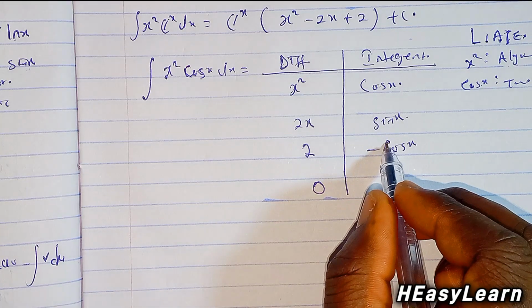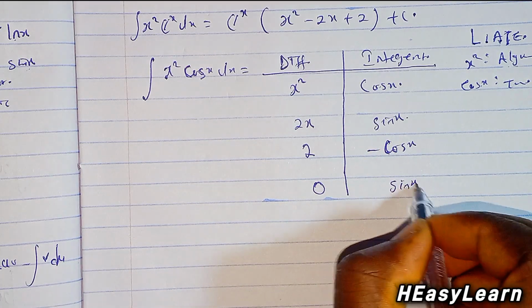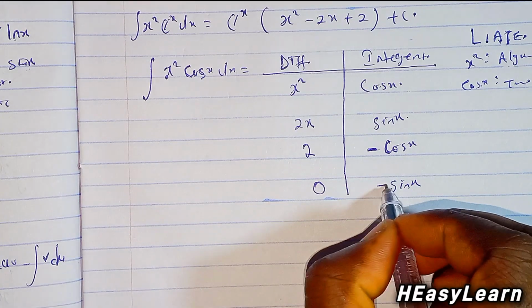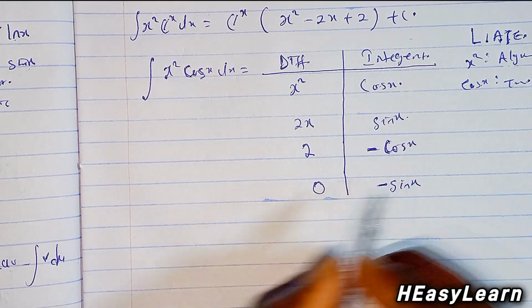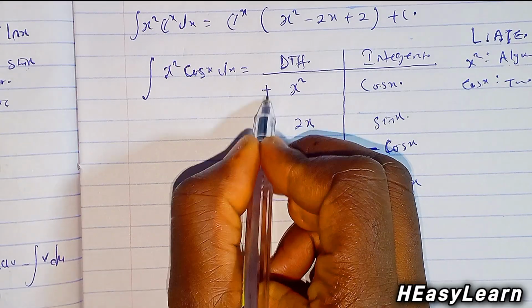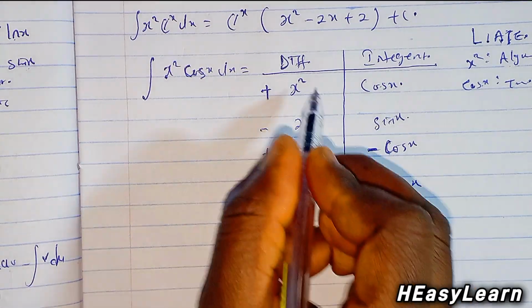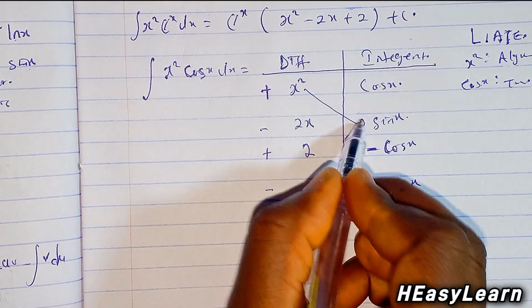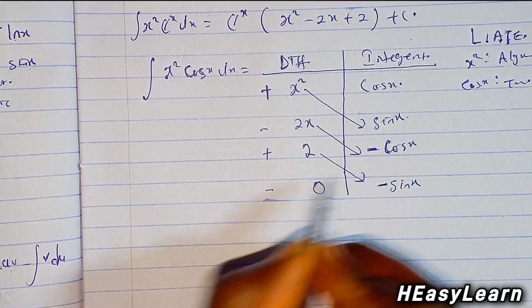It is 0. The integral of cos x is sin x, but there is a negative here, so we attach the negative. Apply the diagonal rule, alternating signs: here is plus, here is minus, here is plus, here is minus. The first to the second to the third to the fourth.